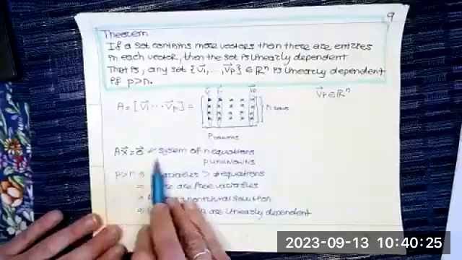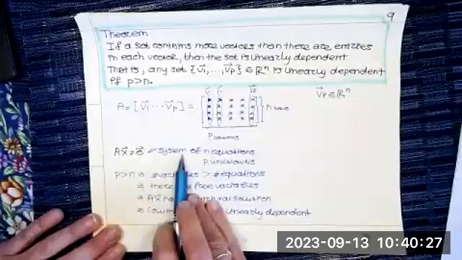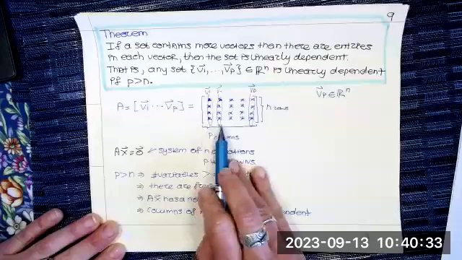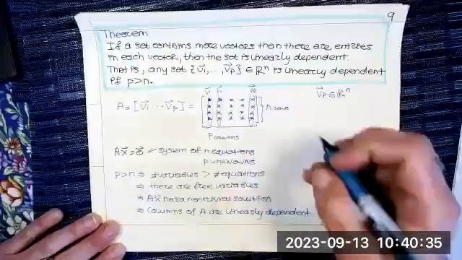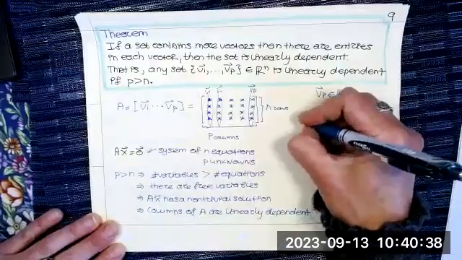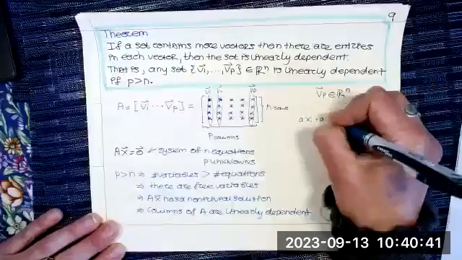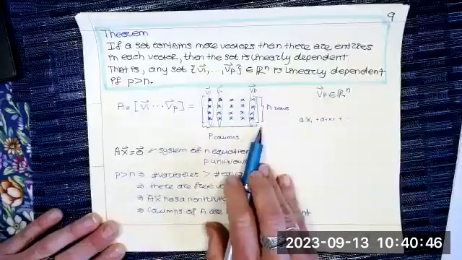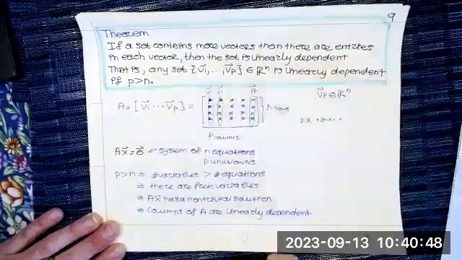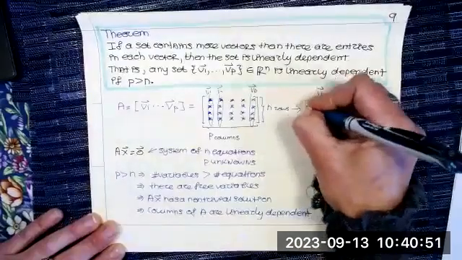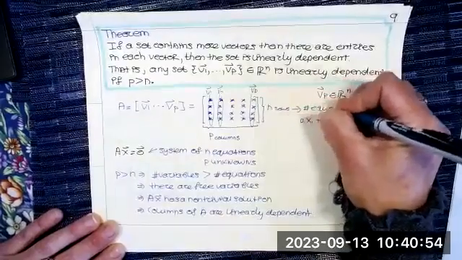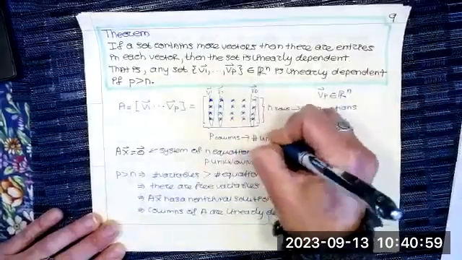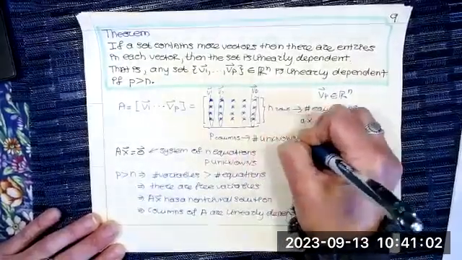And remember, when we're solving matrix equations or systems of n equations in P unknowns, the number of columns tells me how many unknowns I have. Remember, when we're translating A1 x1 plus A2 x2 plus dot dot dot, the number of unknowns gives me the number of columns, but the number of rows gives me the number of equations, right? So n is the number of equations, and P is the number of unknowns, right?